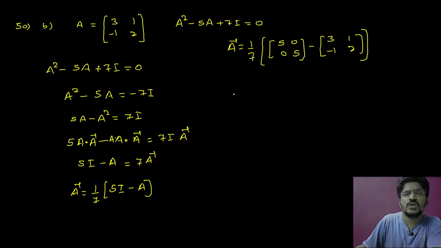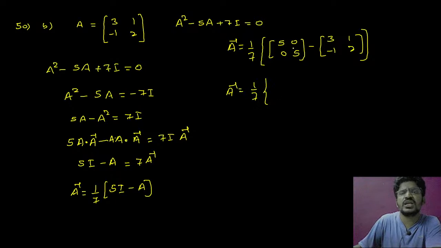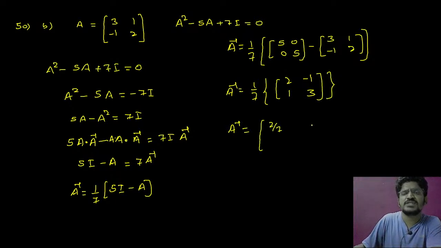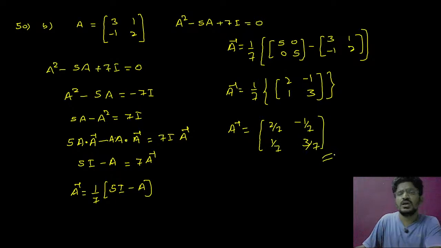So now a inverse will be equal to 1 by 7 into 5 minus 3 is 2, 0 minus 1 is minus 1, 0 minus of minus 1 is plus 1, 5 minus 2 is 3. Therefore a inverse will be equal to 2 by 7, minus 1 by 7, 1 by 7, 3 by 7. So this is your inverse.